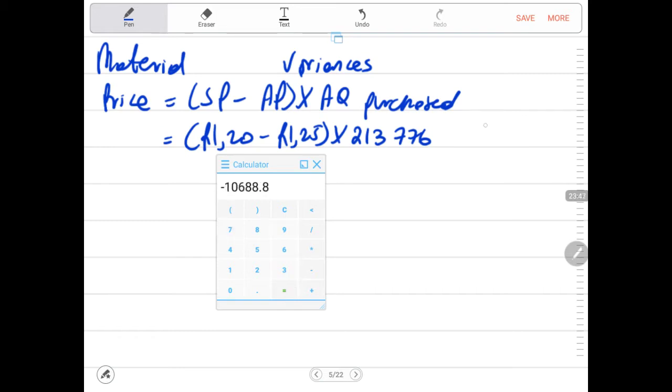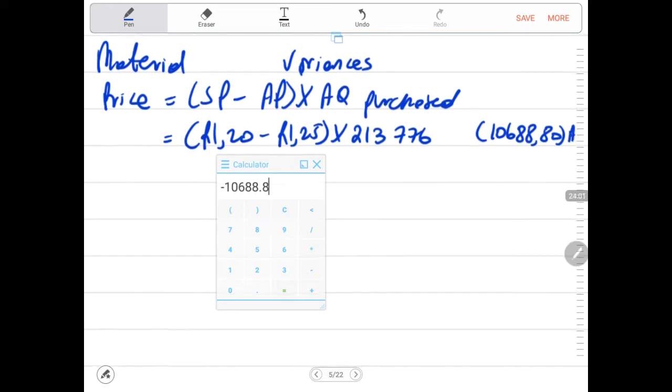We get an unfavorable variance of 10,688 rand 80 cents. This variance is unfavorable. We call it adverse, right? Unfavorable or adverse. Then we go to the second variance of the material, which is the usage, material usage.